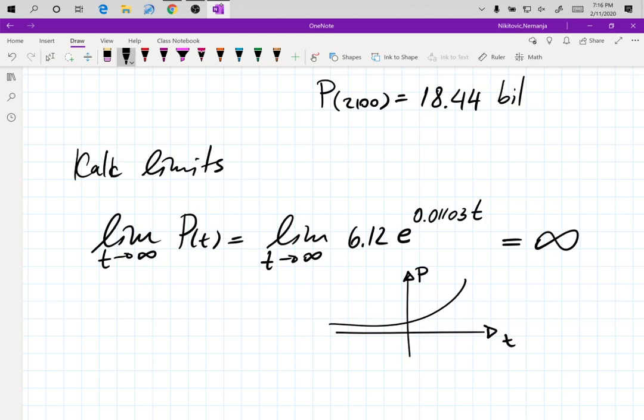So how well does this model hold against the previous population counts? You can check, and you will see that it starts deviating. You also need to understand that we doubled the population on the planet in the last 50 years. Can you imagine that 50 years ago, there was half of what we have today?